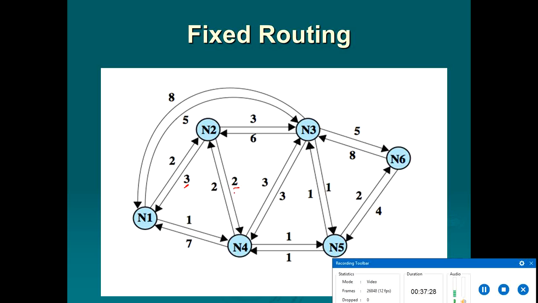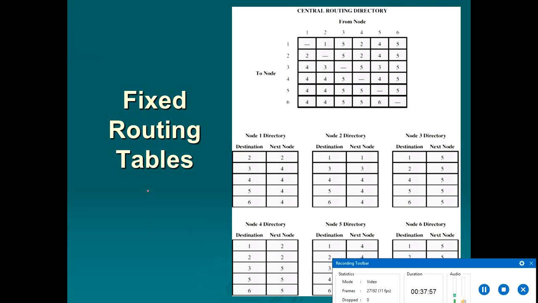But I may not choose this one, because then I will check the cost from N4 to N1. Since this is 7, 7 plus 2 is 9, so I may not select it. Going from N2 to N1 directly gives me the least cost. So in the directory, destination is 1, next node is 1.